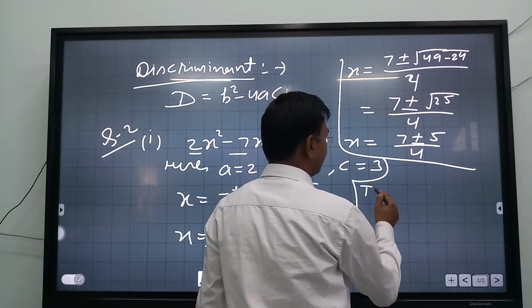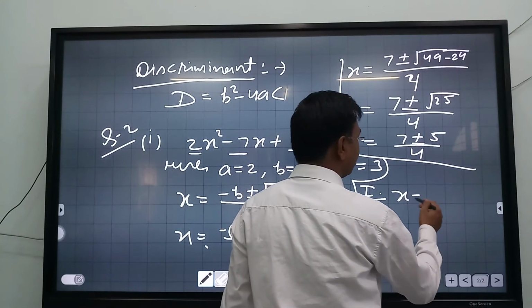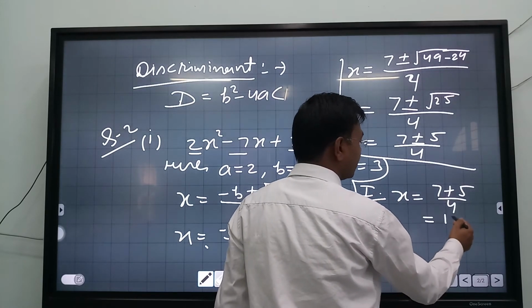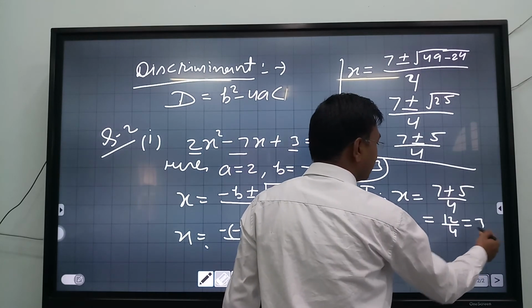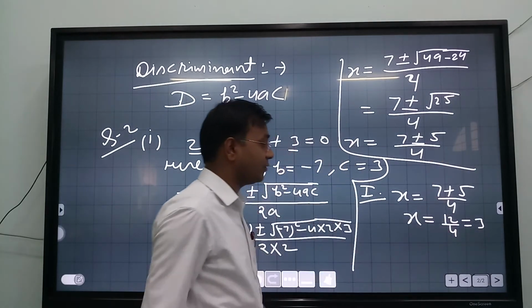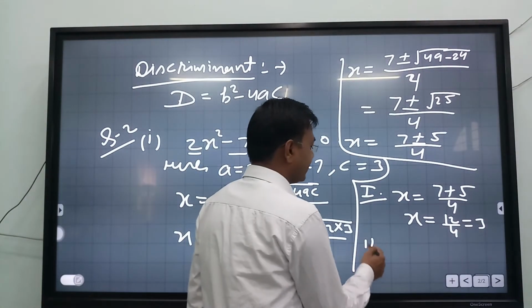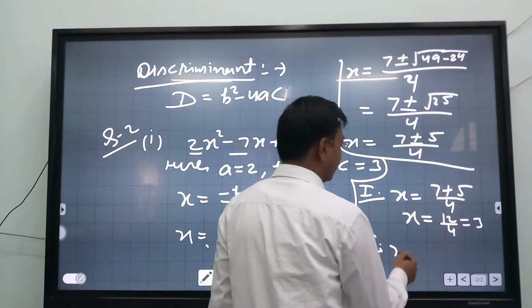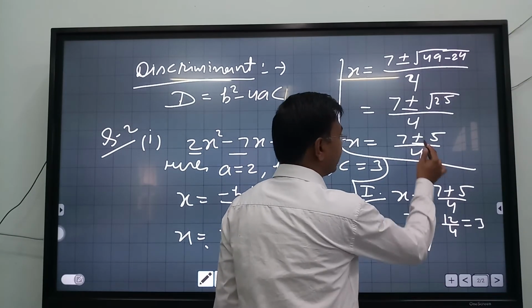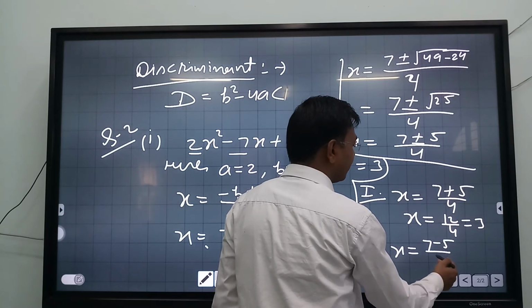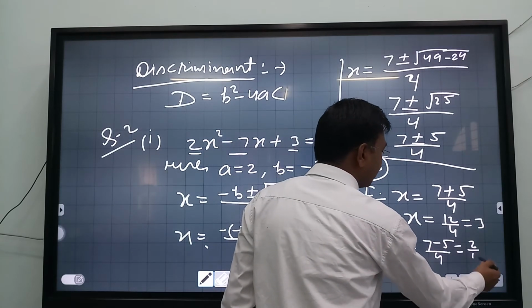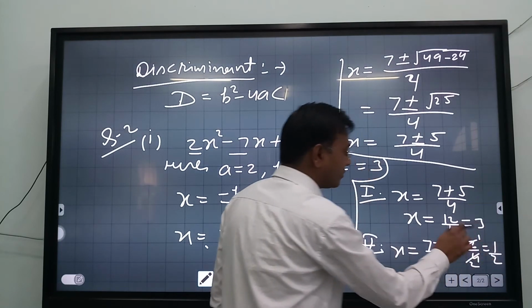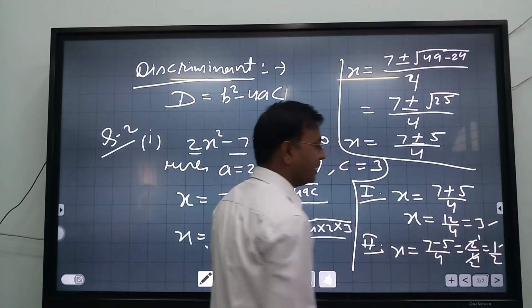Taking the positive sign, the first value will be x equals 7 plus 5 by 4, which means 12 by 4 equals 3. This is the first root. And the second, because a quadratic equation has two roots, make sure we find two values. Taking the negative sign now, 7 minus 5 by 4, that is 2 by 4, which is 1 by 2. So you can cross-check your answer: 3 or 1 by 2.